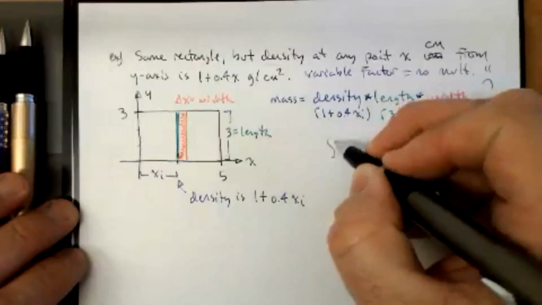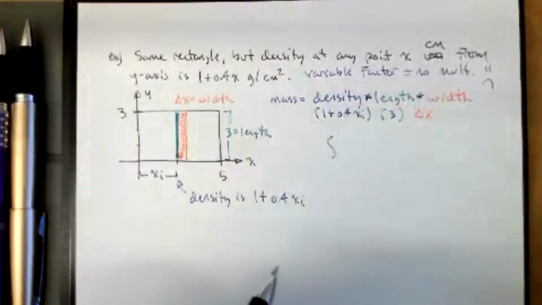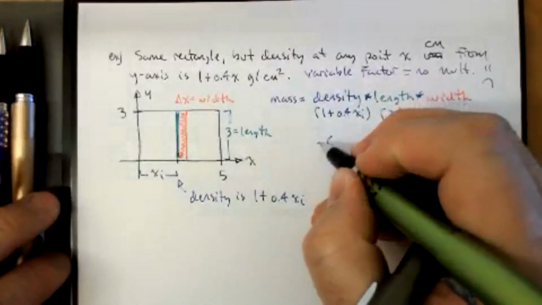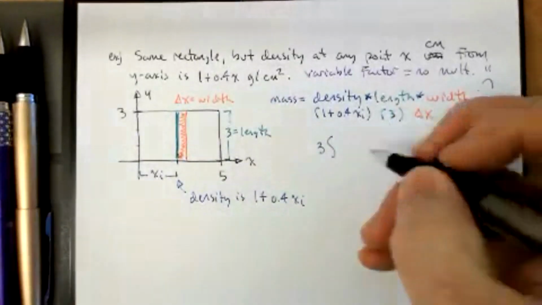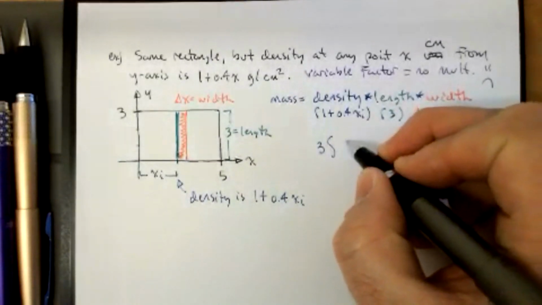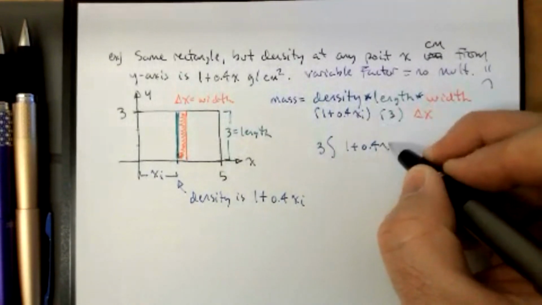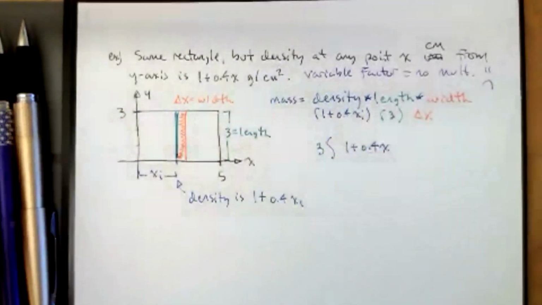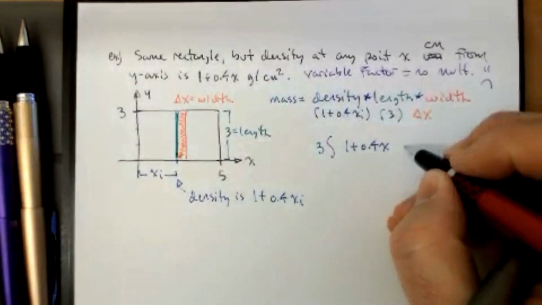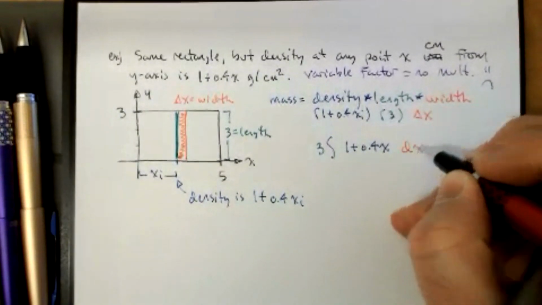I'm going to factor out the 3. And we're going to integrate the density. Our discrete xi becomes a continuous x. Our discrete delta x becomes a continuous dx.